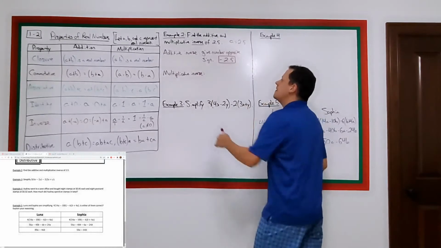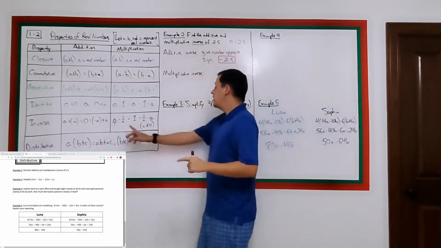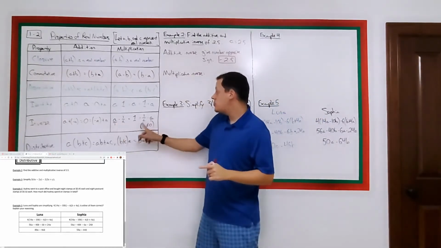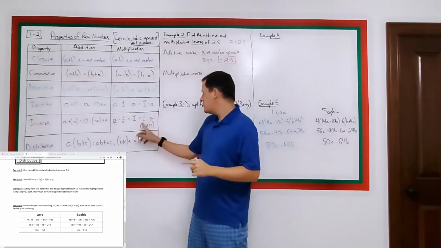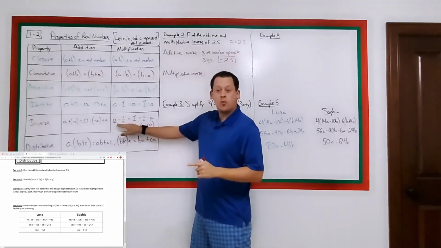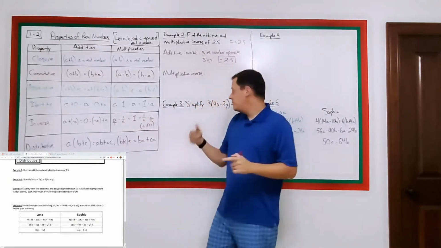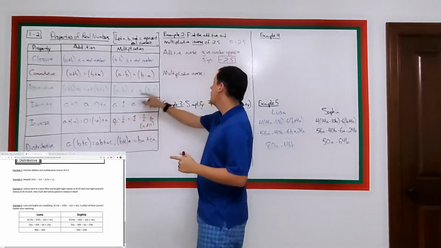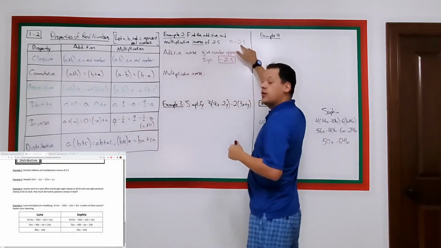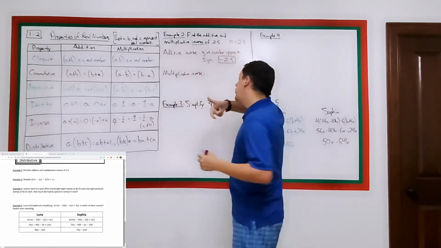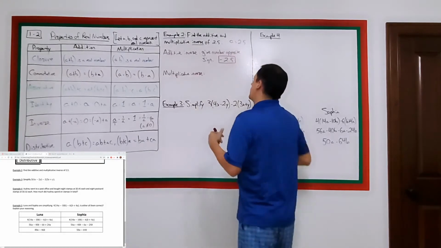Don't worry about that. To find that, we're using the multiplication property for inverse, and that is no matter what number we have, we flip it upside down. And if all we have is a number, if A is 2.5, we could put it over 1 and then flip it.